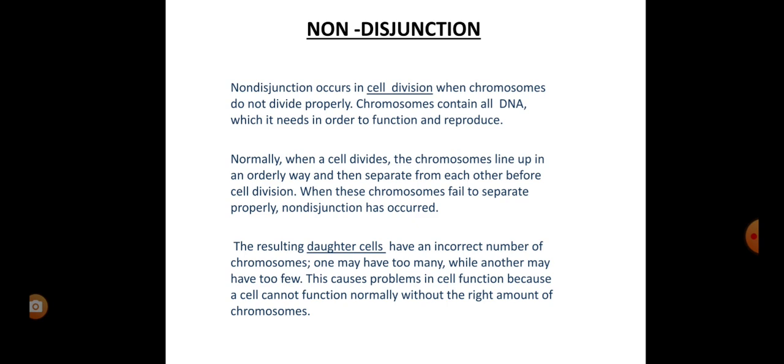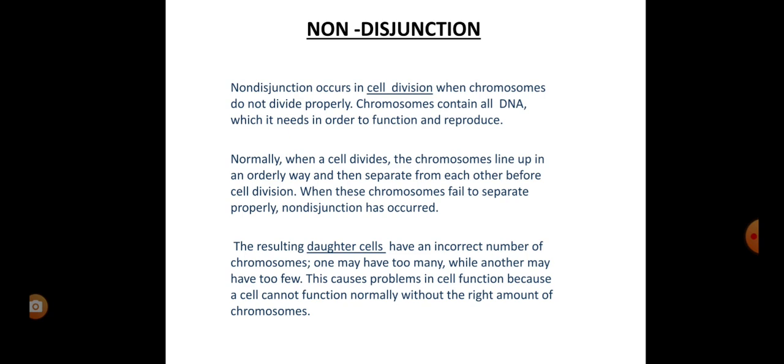When there is no proper separation of chromosomes, the resulting daughter cells have an incorrect number of chromosomes. Either the number is much less or greater than the normal one, and that causes problems in cell function, because a cell cannot function normally without the right number of chromosomes.